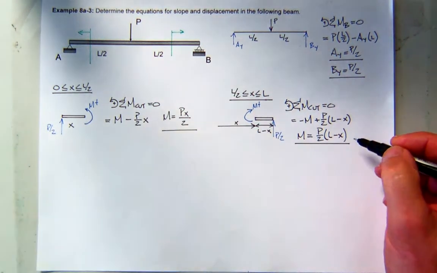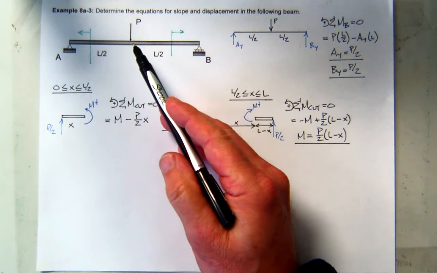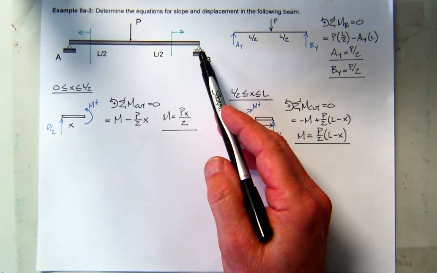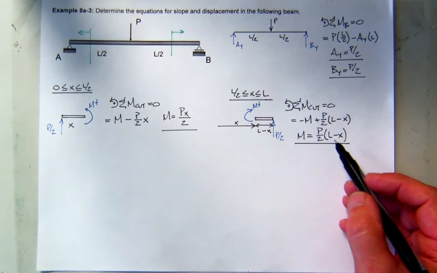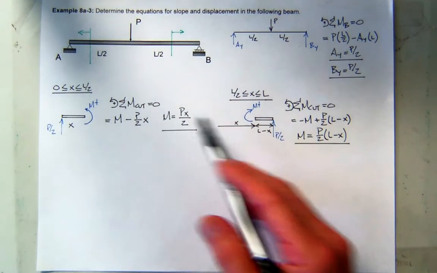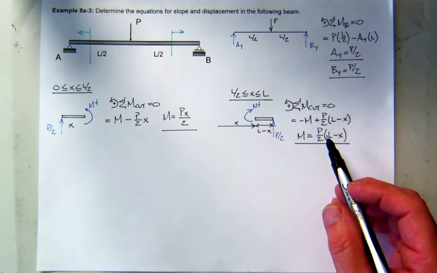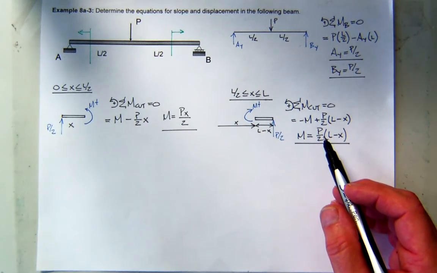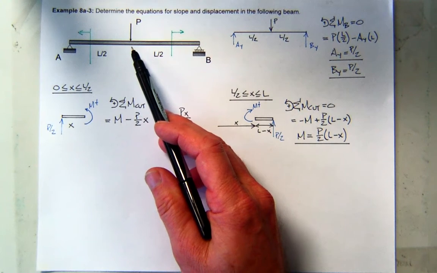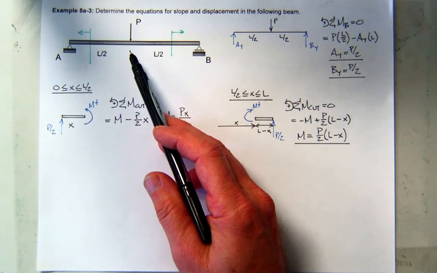Can I check that? Do I know the moment anywhere between L over 2 and L? At B. So that's at x equal L. I put in x equal L, it is 0. Is there something I can check between these two? Do they share a point? They share L over 2. There's not an applied moment there, so the moment shouldn't jump.